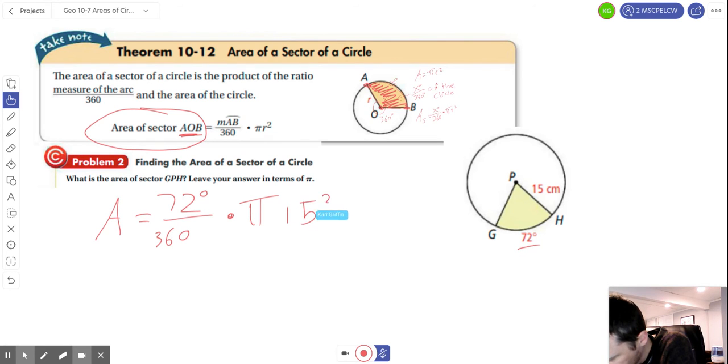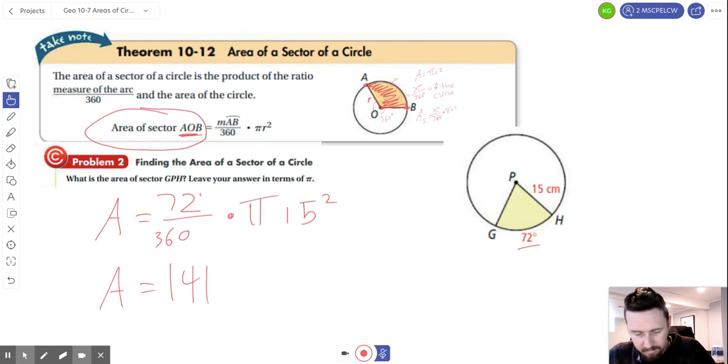Type that in your calculator. You don't have to type the degree symbol in your calculator. That's not important. Let me erase that even. Just type that into your calculator, and let's see what we get. 72 divided by 360 times pi times 100, and so that is 141.4.